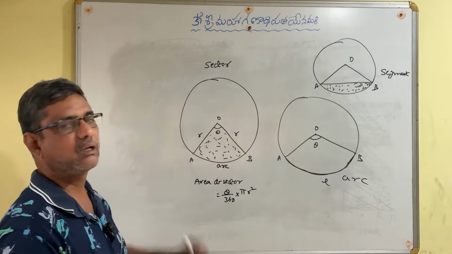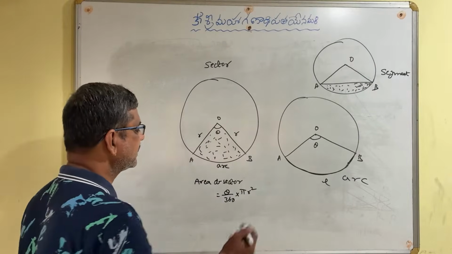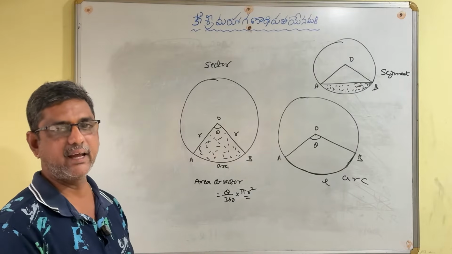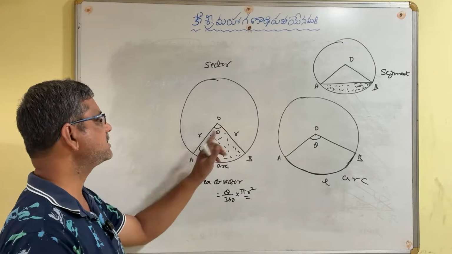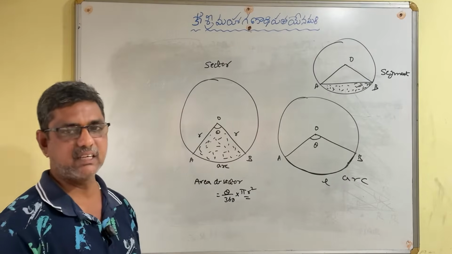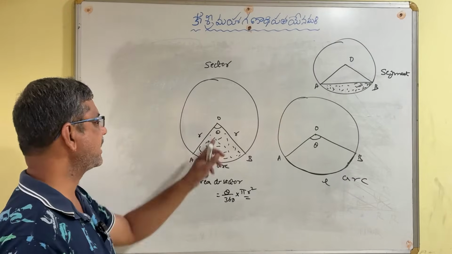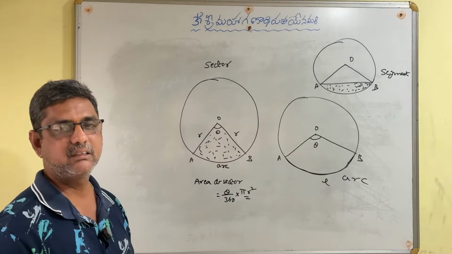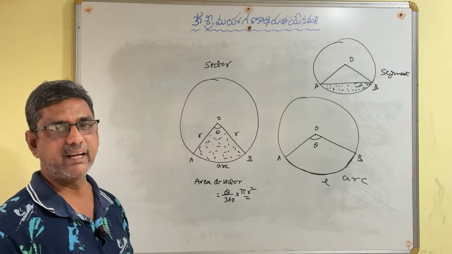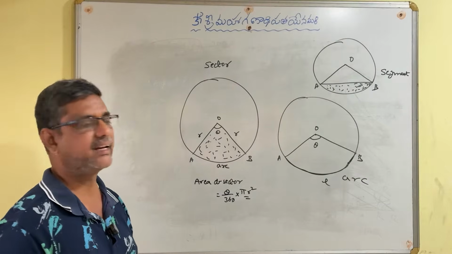So total out of circle area, how much area is sector area? It depends upon this angle. If the sector angle increases, sector area increases. If the sector angle decreases, sector area decreases.